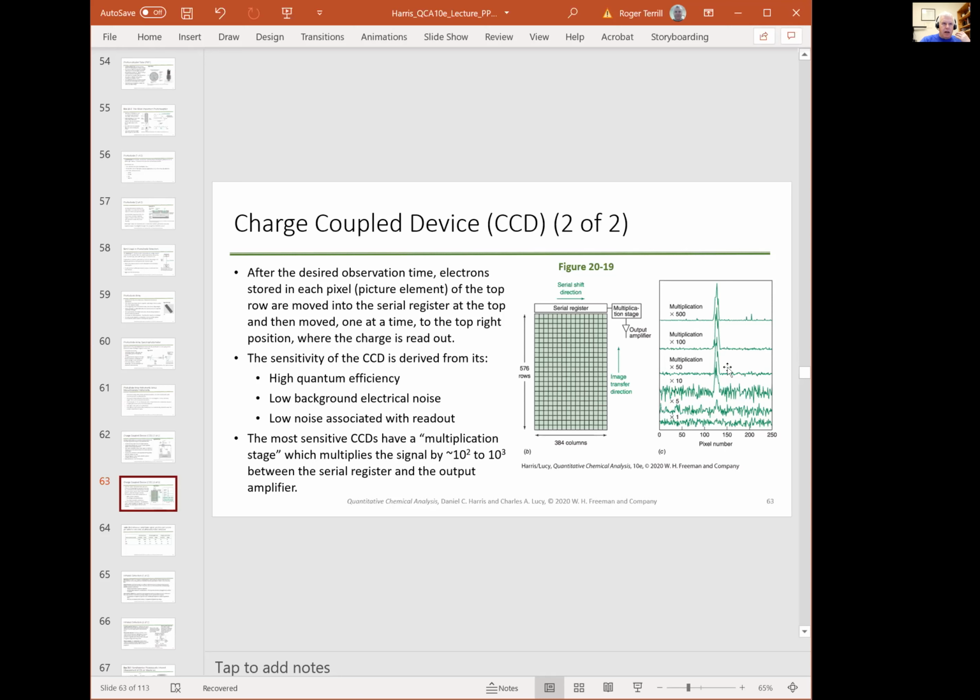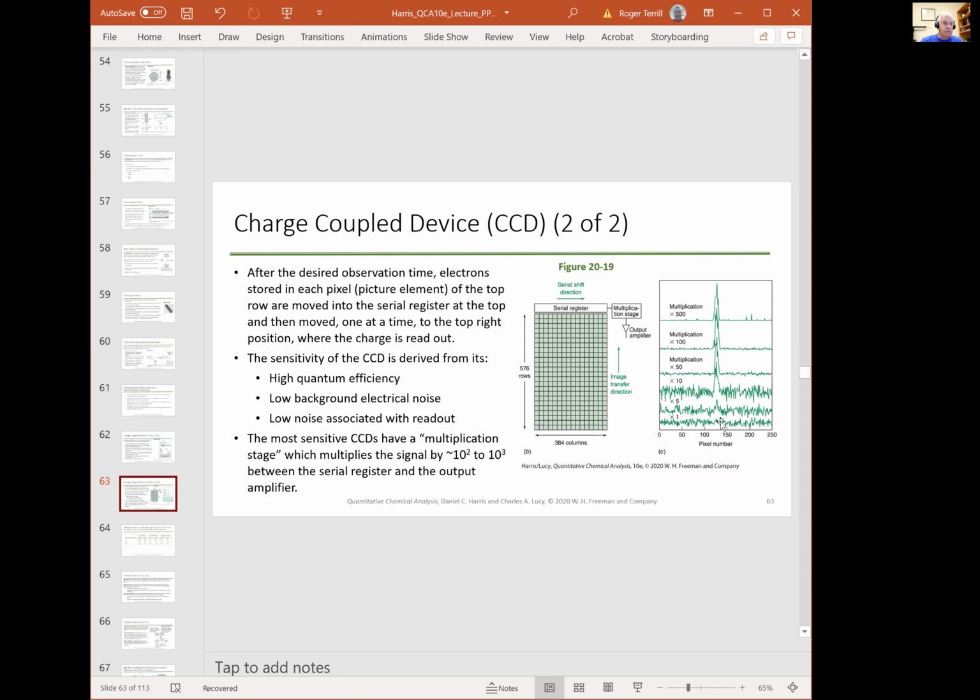The type of noise that comes up in this way is called shot noise. Shot noise is proportional to the square root of the number of counts. So let's say that on average we have 1 count per pixel here.